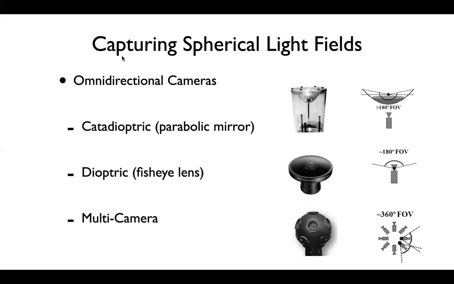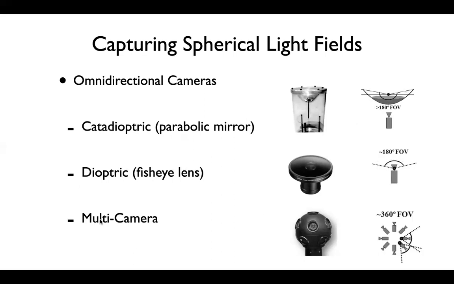And then to capture these spherical light fields, we have different types of cameras. We have catadioptric cameras, dioptric cameras, and multi-cameras. Basically, the catadioptric cameras use parabolic mirrors that bend the rays and get something like a 180-degree field of view, right? Then you have dioptric lenses, which are basically fisheye lenses and have almost 180 field of view.